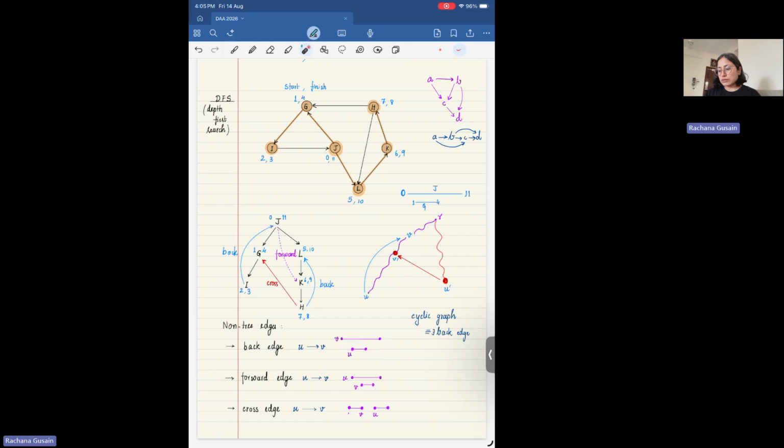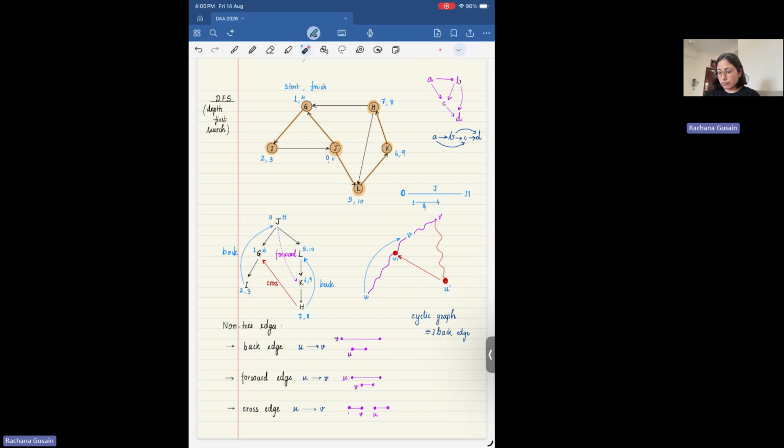Every time you start exploring a node, if there are adjacent nodes that have not been explored yet, you suspend the exploration of the current node and move on to the adjacent node. Once all its adjacent nodes have been fully explored, we finish the exploration of the current node. That is the idea behind depth first search.